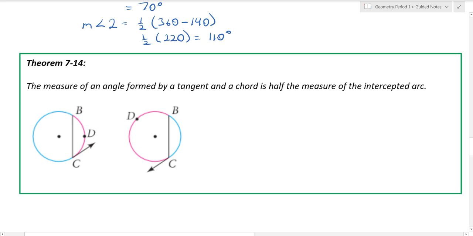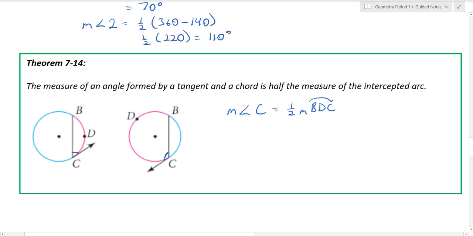So what that means, and the formula I'm about to write applies to both of these circles, is that for angle C, the angle we're talking about here and down here, the relationship is that the measurement of angle C equals 1/2 the measurement of the intercepted arc, which is the measurement of arc BDC, like so.